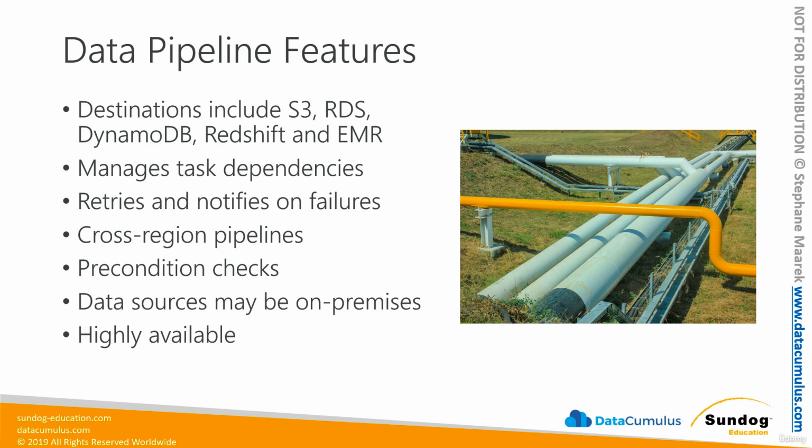Here are some examples of precondition checks that you might be able to do with Data Pipeline. One is called DynamoDB Data Exists, which can check for the existence of data inside a DynamoDB table before you try to move it or process it somewhere else. There's also DynamoDB Table Exists that can check for the existence of an entire table.